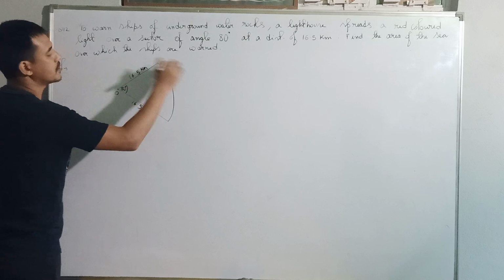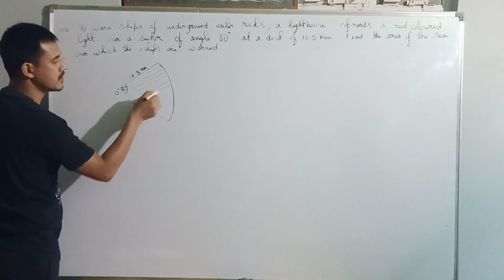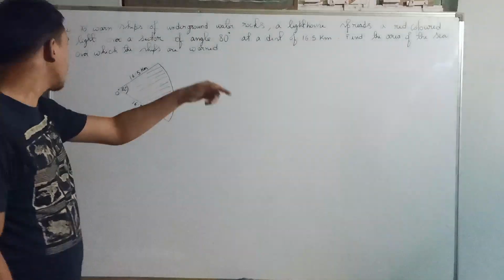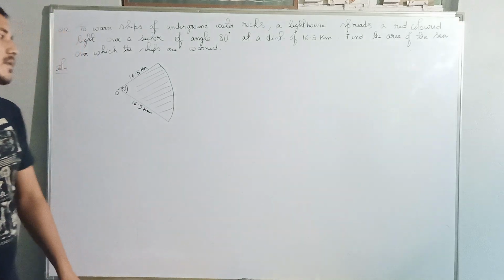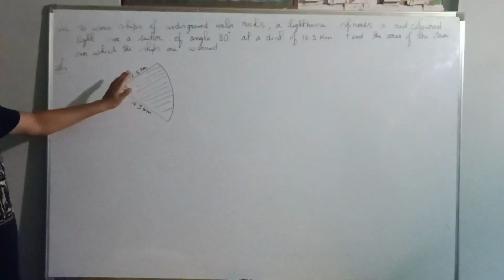So this is how it should look. So this is your red zone. Find the area of the sea over which the ships are warned. So this is the particular portion of the sea over which the ships are being warned.